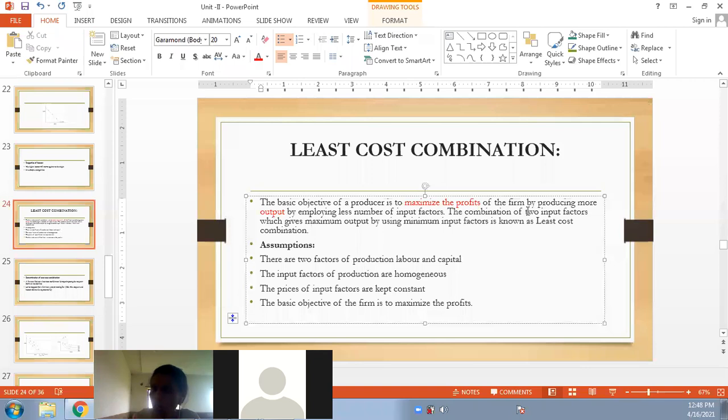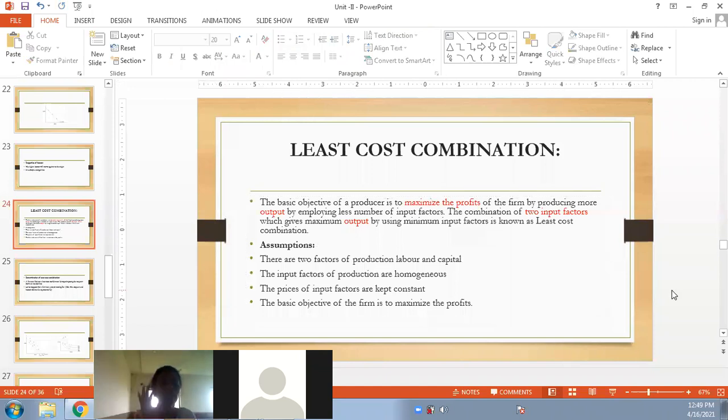The output which we require cannot be compromised or reduced, and using minimum input factors is known as least cost combination. We want to get the same 2 pens, but reduce the cost. How can we do that? That can be found by using the concept of least cost combination.